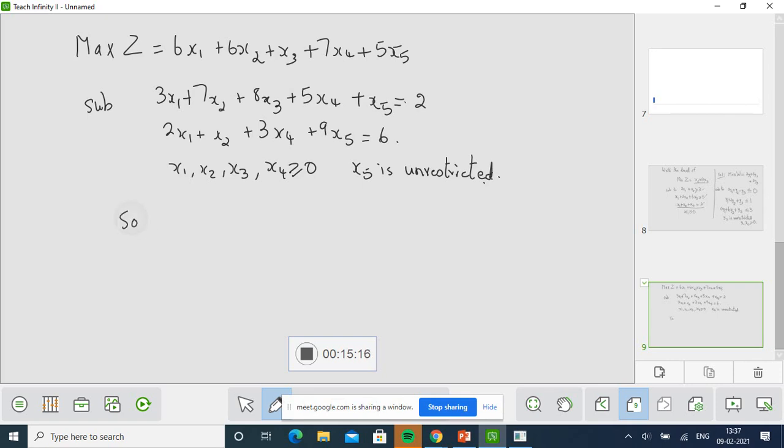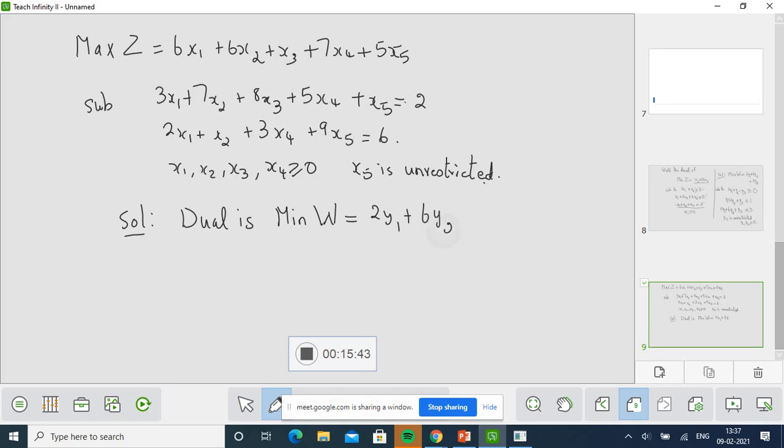Therefore, how to write the dual? My dual should become minimization. Minimize W equal to, what should I write? 2y1 and 6y2.